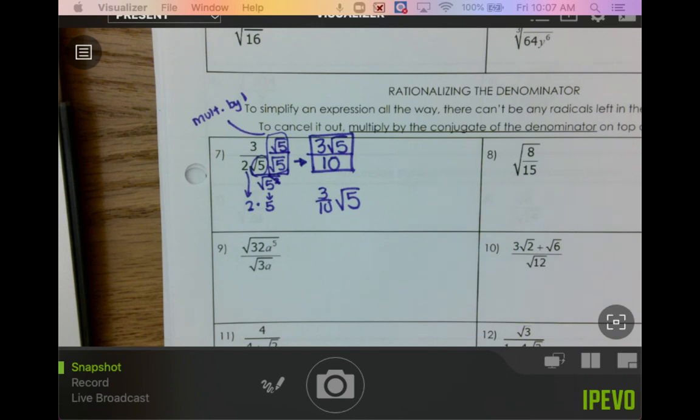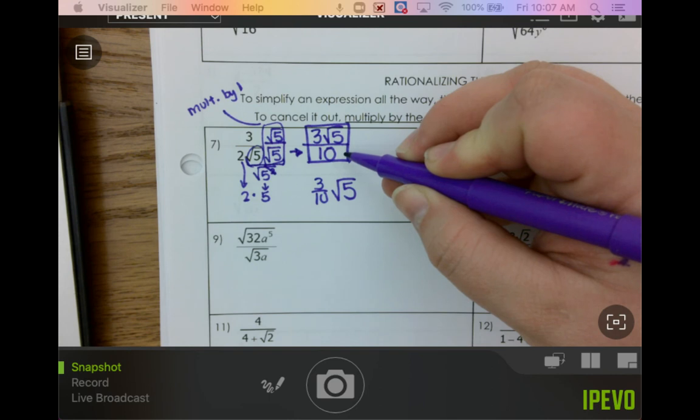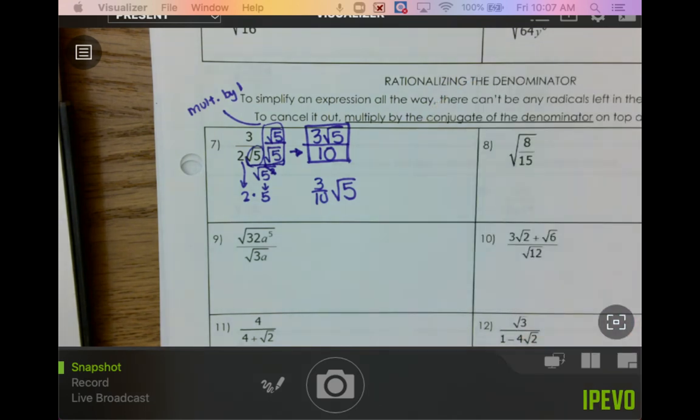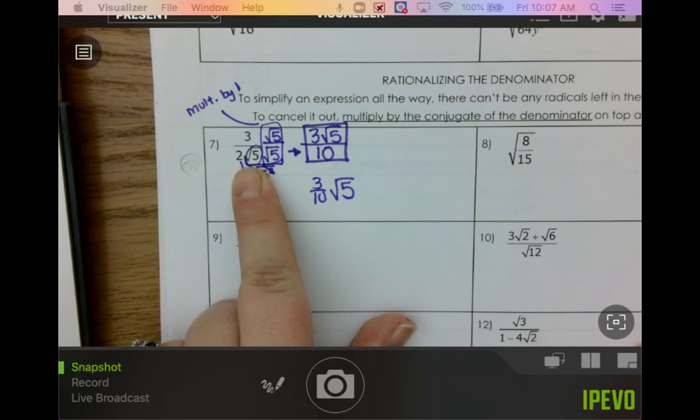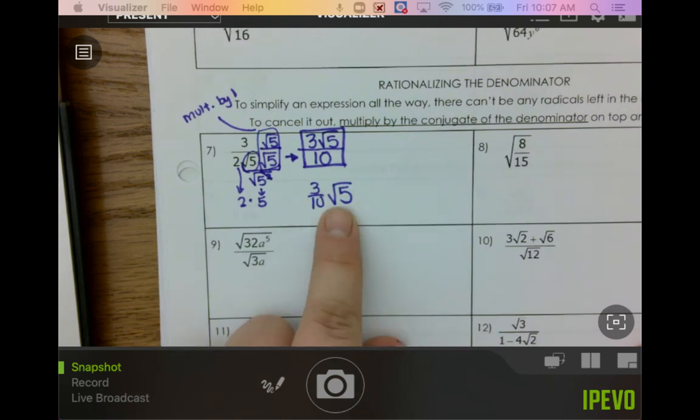I'm not going to have us write our answers like this. This way is totally fine. But that's just why this looks simpler or works easier for problems, even though this one technically had smaller numbers to start with. Because the square root isn't on the bottom anymore, you can think of it as 3/10 square roots of 5, and you can add it to other square roots of 5 if you wanted to.